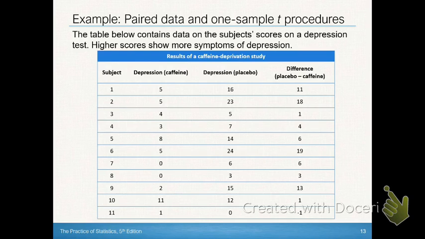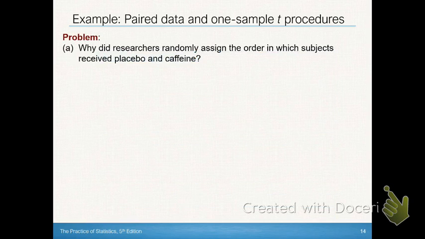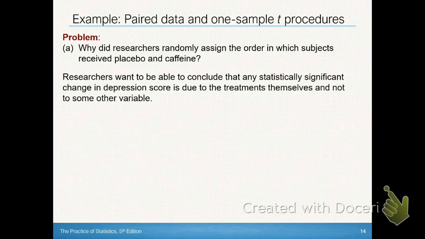So here are our 11 people. Some of them got the caffeine first, some of them got the placebo first, and for all of them, we're recording the information the same way, and we're looking at the difference of placebo minus caffeine for their depression scores. Now, it's important for us to randomly assign the order because we don't want other confounding variables to impact that.